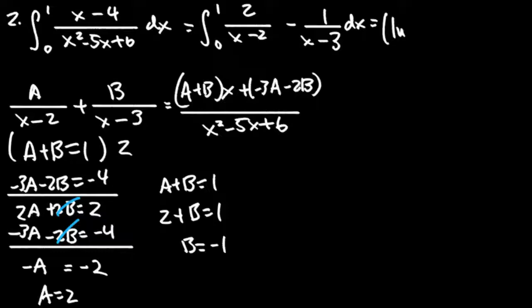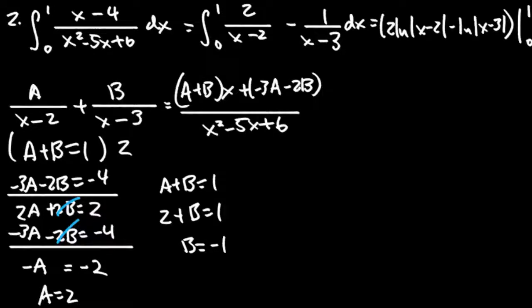Let's see, we're going to get ln of, so actually 2 ln of x minus 2 minus ln of x minus 3, evaluated all from 0 to 1.